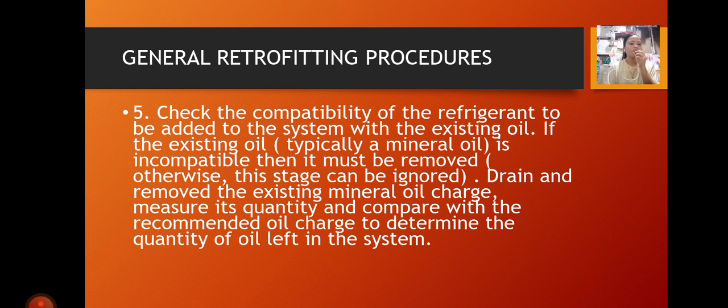So there is a caution here. A major problem with retrofits is removing the residual mineral oil. If enough mineral oil is not removed, it can deposit on the evaporator heat exchanger surfaces, severely degrading performance.